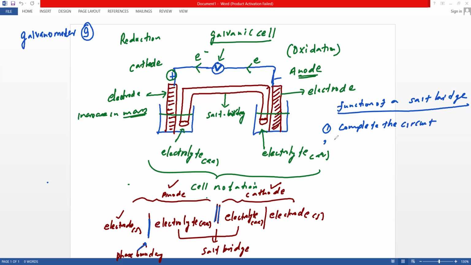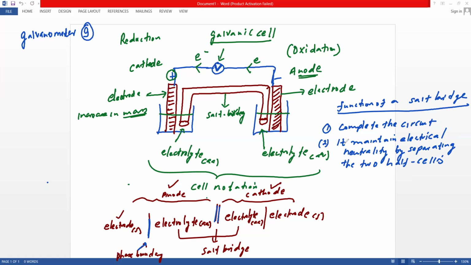Secondly, it maintains electrical neutrality by separating the two cells. So it completes the circuit, and it maintains electrical neutrality by separating the two cells.